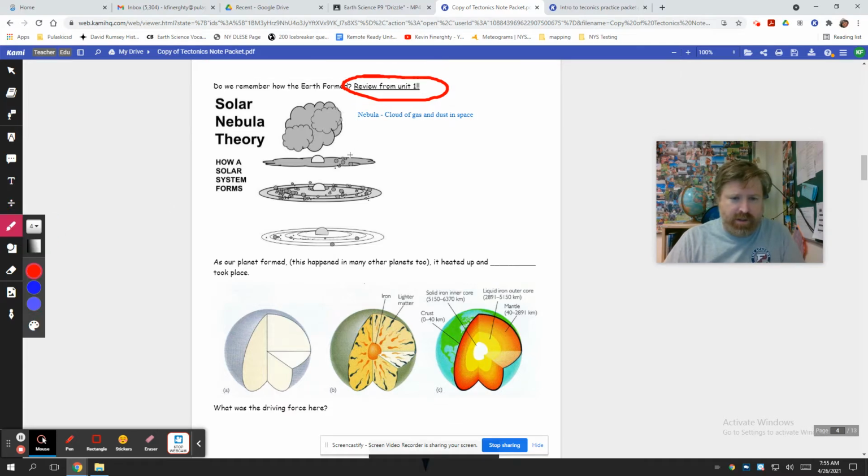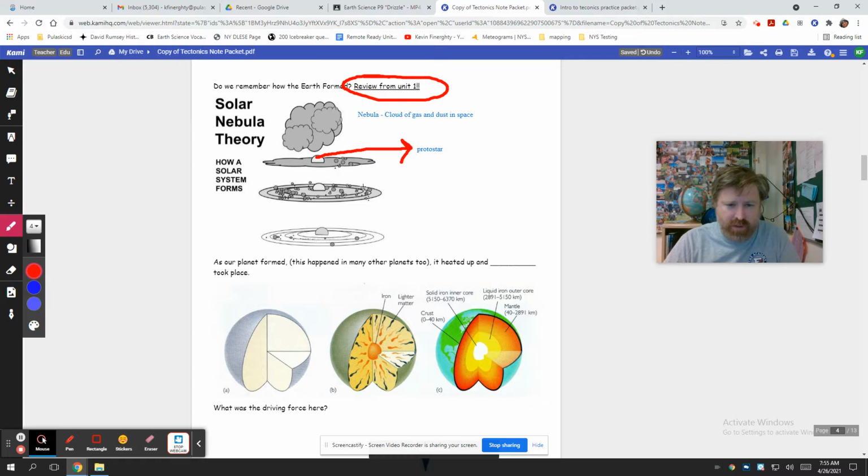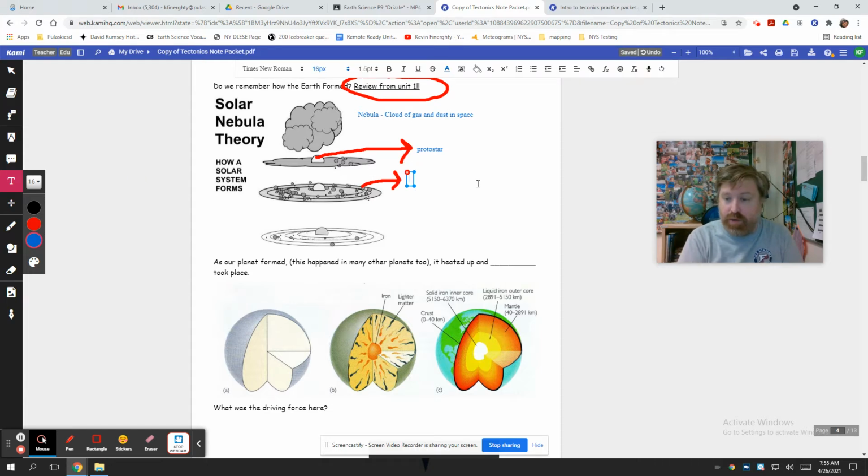In the middle, there would have been this protostar, early star, with this disk. As it started to spin, you get into a little physics, you see why they start to spin and flatten out. Then eventually, on a smaller scale, almost the same thing kept happening with big chunks of debris, frozen gases, or rock that maybe we would call protoplanets.